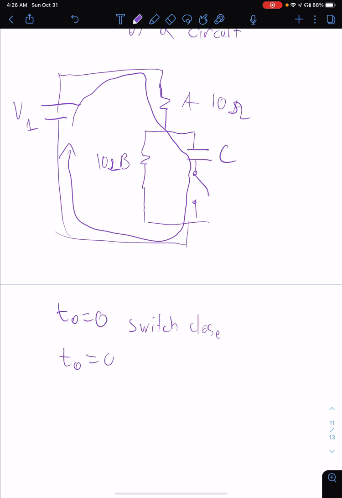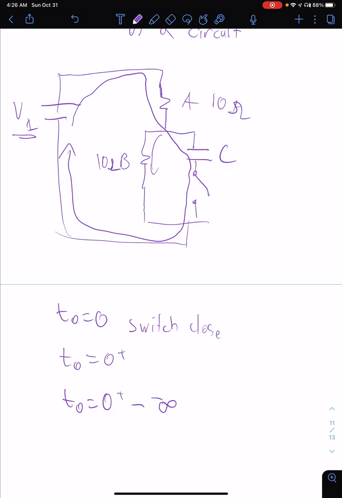Now at T0 plus, which is just an infinitesimally small moment right after, a little bit of current is going to go through B. And I'm going to talk about the behavior of the capacitor right now. So between T0 plus to infinity minus, that's how we're going to define it, the current going into C will be slowly decreasing because the capacitor is going to climb in voltage until it reaches the same voltage of V1.